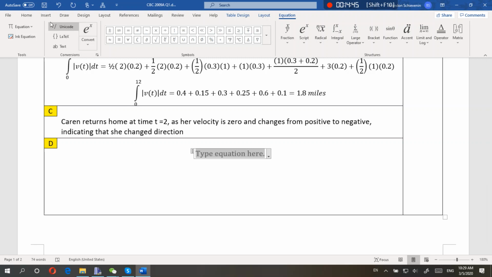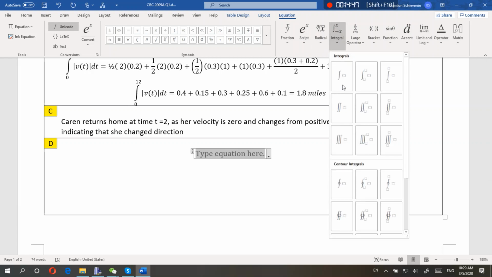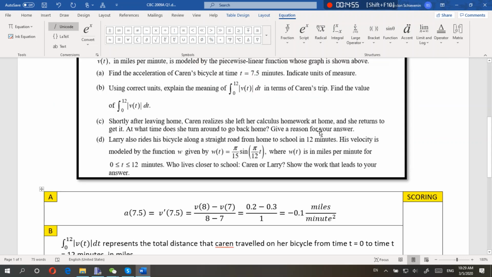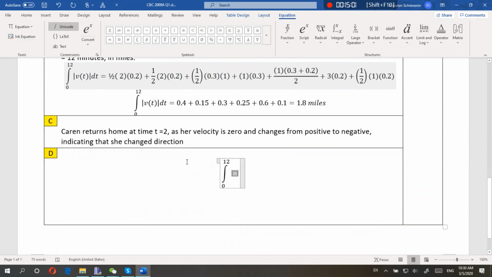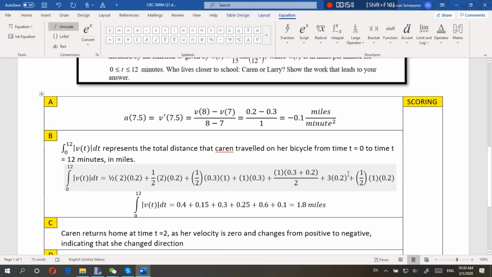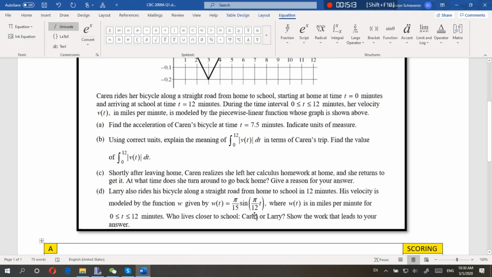So let's do our integral of W first. It also took Larry 12 minutes, so we're going to integrate W(t) from 0 to 12 in terms of time. We do need to show the work that leads to the answer.